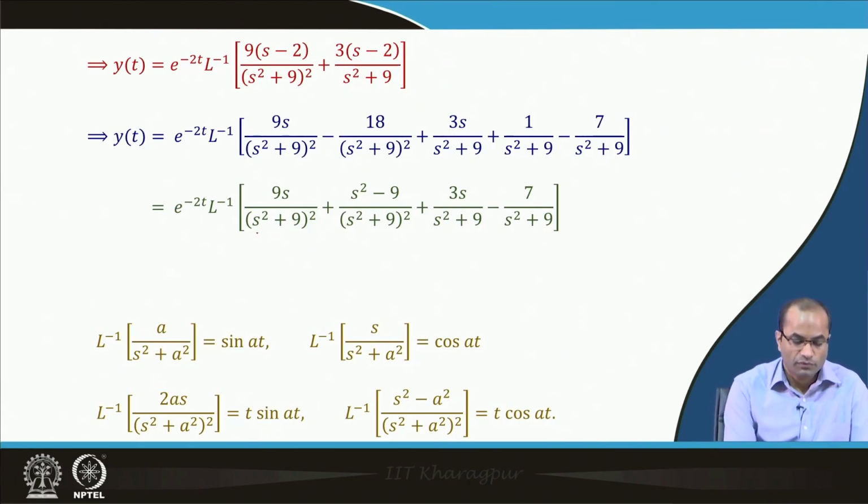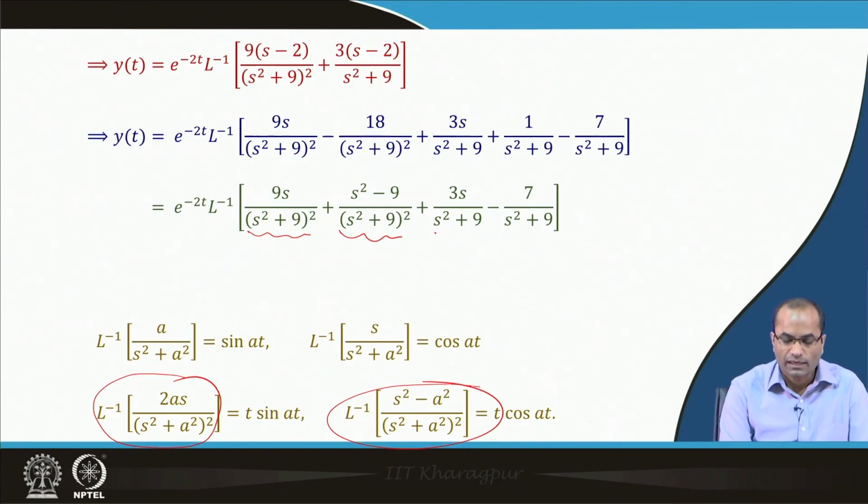So, we have for instance this one, 9s over s² + 9. That is exactly fitting into this form, and these are some cos and sin forms.